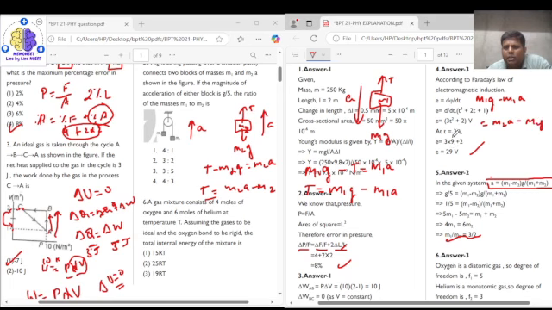Now rearranging this will give you m1g minus m2, sorry, plus m2g is equal to m2a plus m1a.